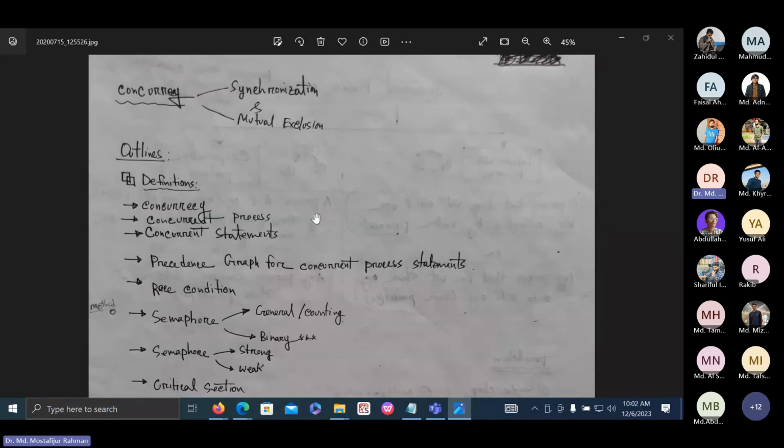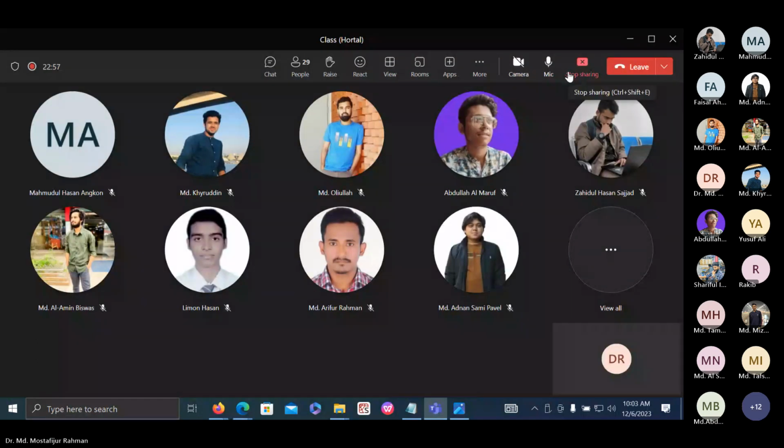So here we can see synchronization and mutual exclusion. These two keywords are very related to each other, they have a relation. Last class I discussed synchronization.